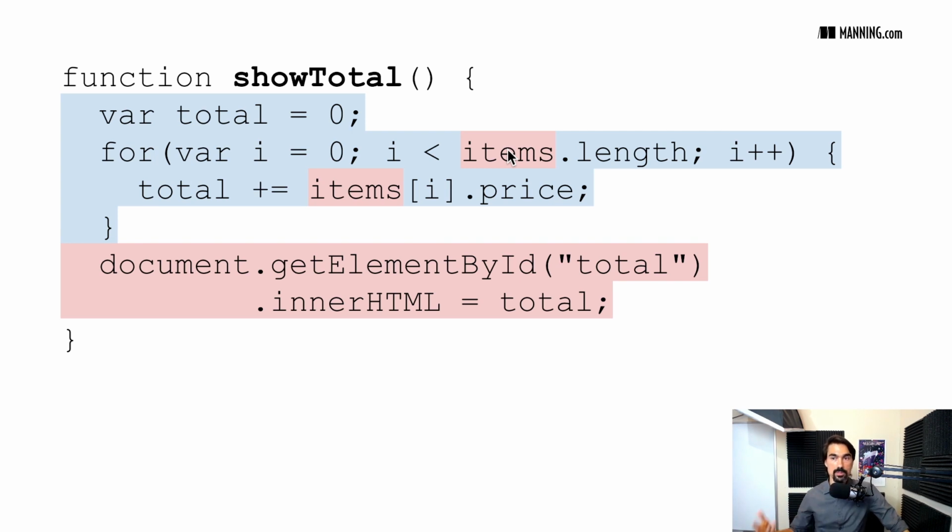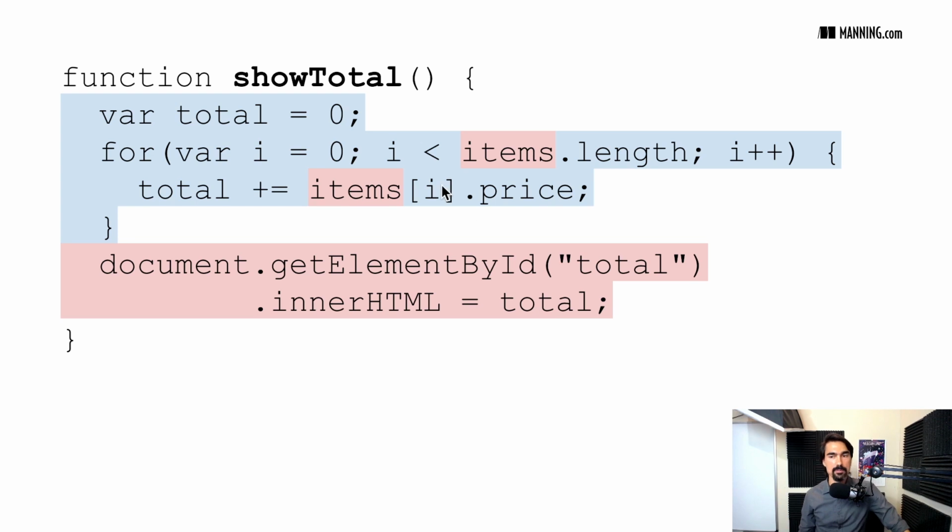So now showTotal depends on when it is called because it is reading items. Likewise, it is setting something in the DOM. If we call it again, maybe this wouldn't change the DOM because you'll get the same total calling it 2 times. But if we called it 0 times versus calling it 1 time, that would definitely be a difference. So that part is an action.